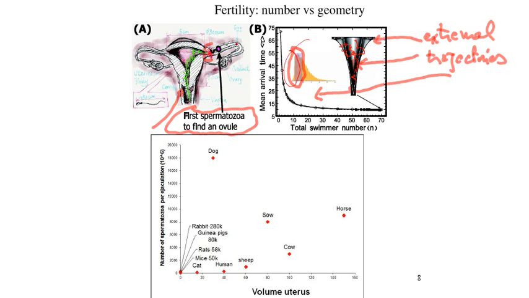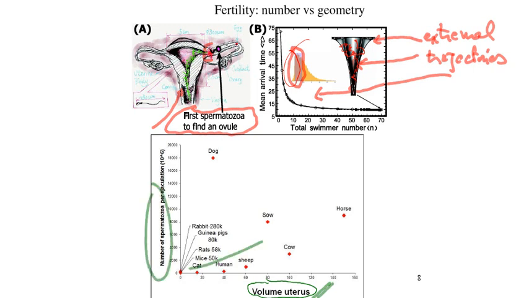And what was interesting in that case, I would say, is the fact that if you plot here the volume of the uterus, trying to understand what defines those numbers, we see whether there's a dependency between the volume of the uterus and the number of spermatozoa.